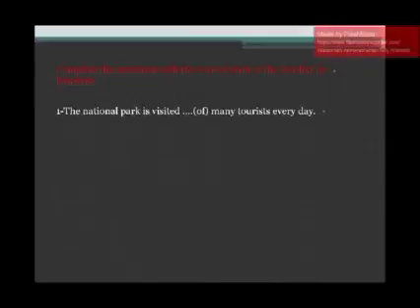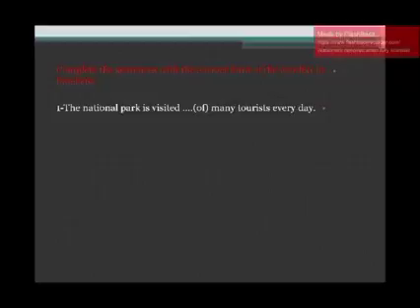Let's move to another set of questions. Again, complete the sentences with the correct form of the words in brackets. Number 1, the national park is visited of many tourists every day.